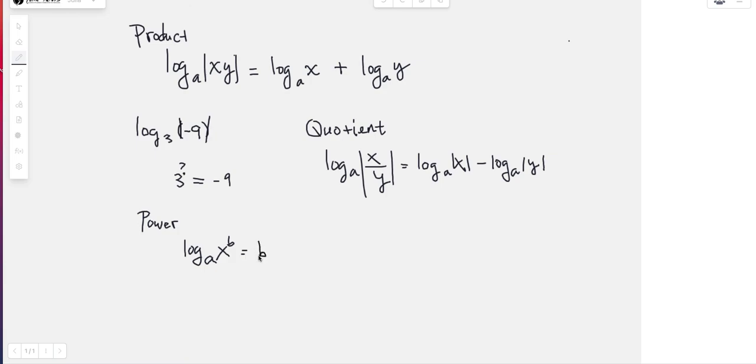Good job. b times log base a of x. Now, when you're moving from this direction to this direction, it's called expanding. And when you're moving in the opposite direction, it's called condensing. There are places where you're expanding and condensing, as we will see a little bit later.